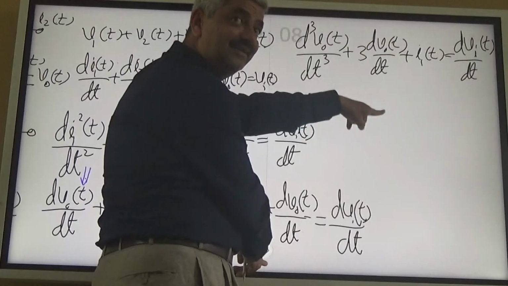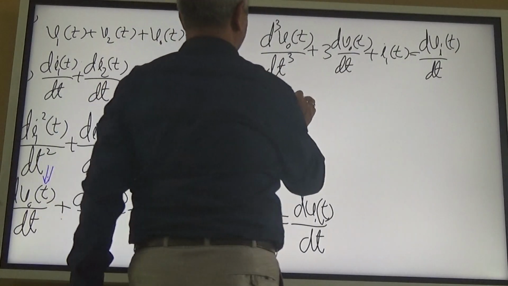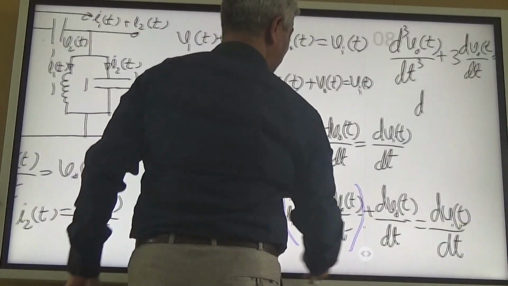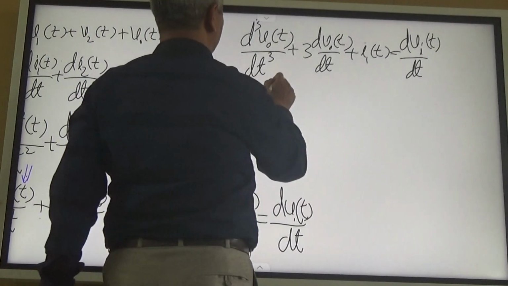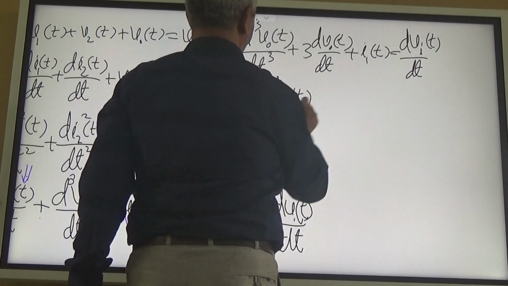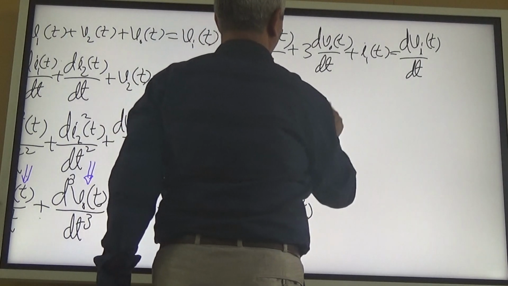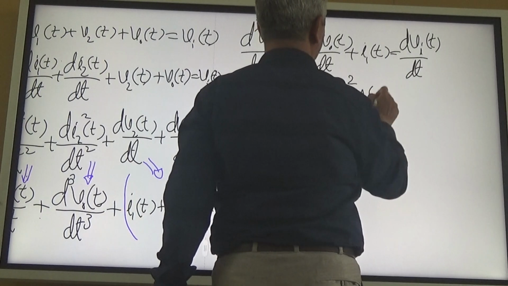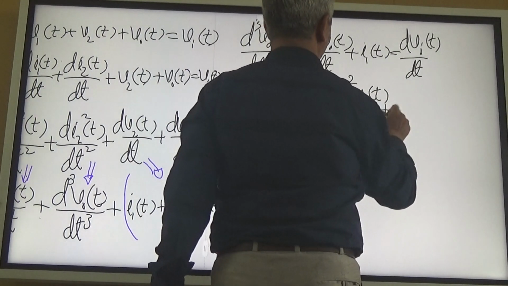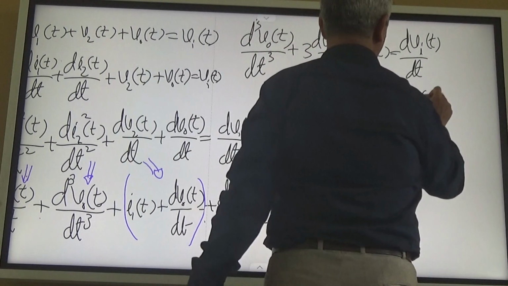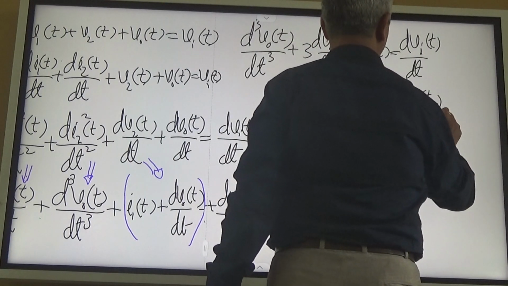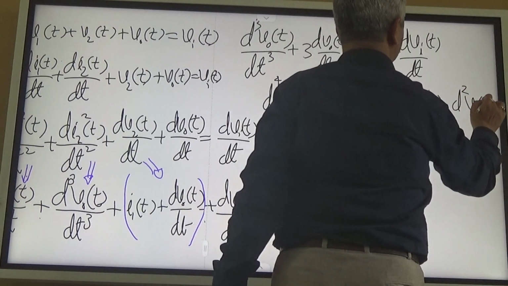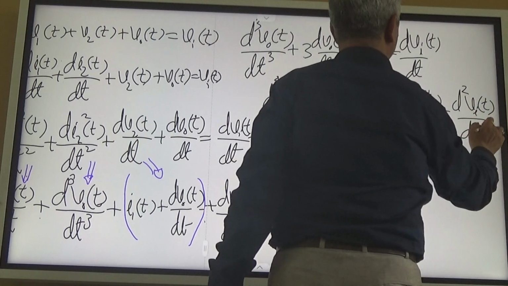Now, what I don't want is I1, which is here, so we have to differentiate again, right? So this we further differentiate. And obviously, why fourth? Because there are 4 elements, 1, 2, 3, 4, that will give rise to the fourth power. So d4V0(t) by dt4 plus 3 d square V0(t) by dt square plus dI1(t) by dt is equal to d2Vin(t) upon dt square.